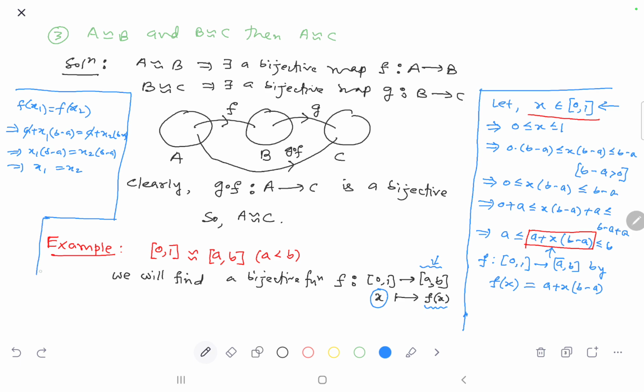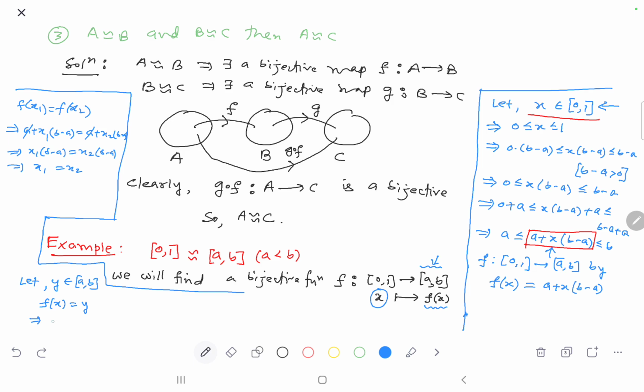Okay, so surjectivity, how do we do it? Let me do it here. Let y belong to [A, B], and consider f(x) equal to y.